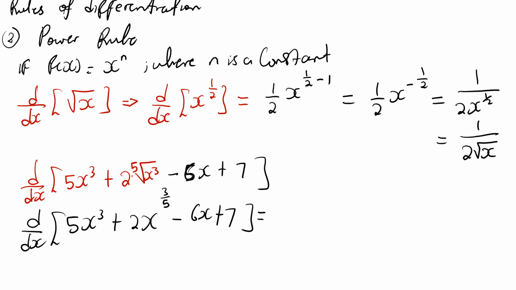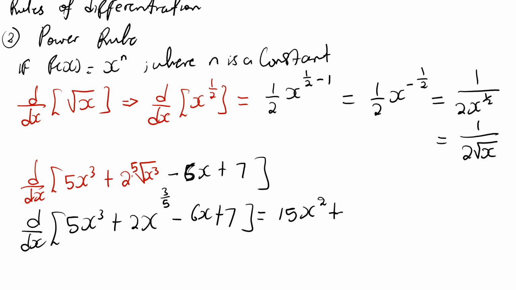We have 5x cubed as our first term. We drop our exponent, which is 3, and it multiplies with 5 to become 15. Then we subtract 1 from our exponent and we're left with 2. So we have 15x squared plus our second term, 2x to the exponent 3 over 5.